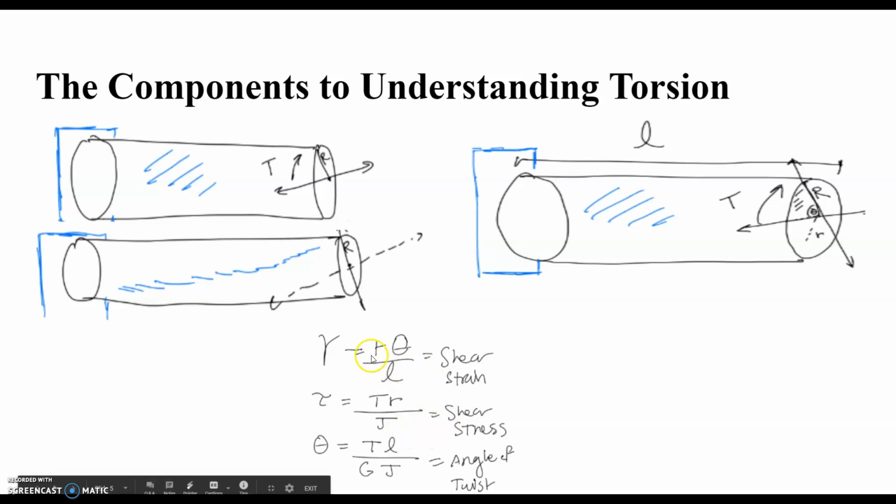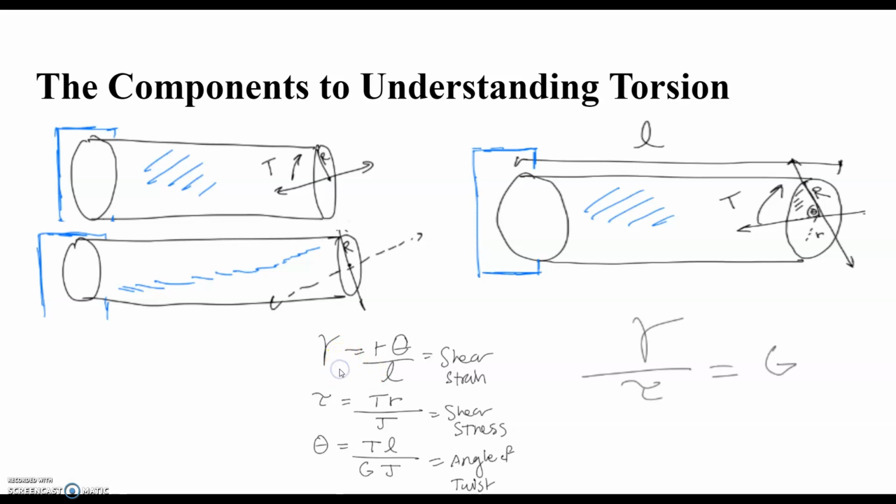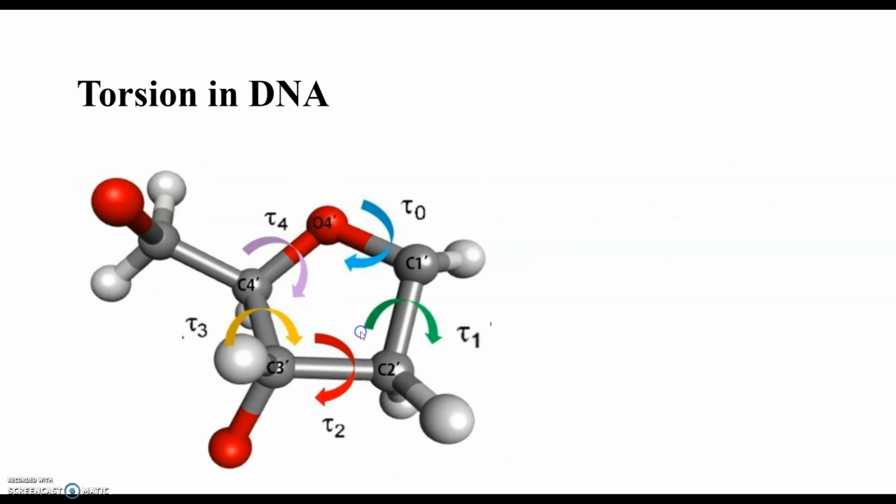Now, once we get this ratio, found experimentally, it actually gives us the shear modulus. So this can prove to be very useful for not only manipulating objects in real life that we can see, but also atomically, as I'm about to show you in DNA.